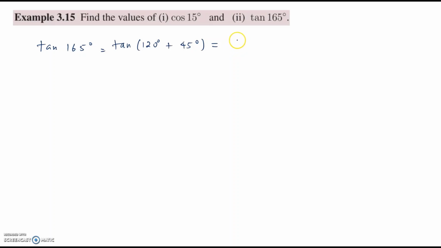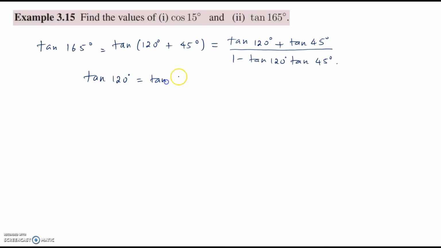So we can rewrite this as tan 120 degrees plus tan 45 degrees divided by 1 minus tan 120 degrees into tan 45 degrees. Now our tan 120 degrees is nothing but tan(90 plus 30 degrees).